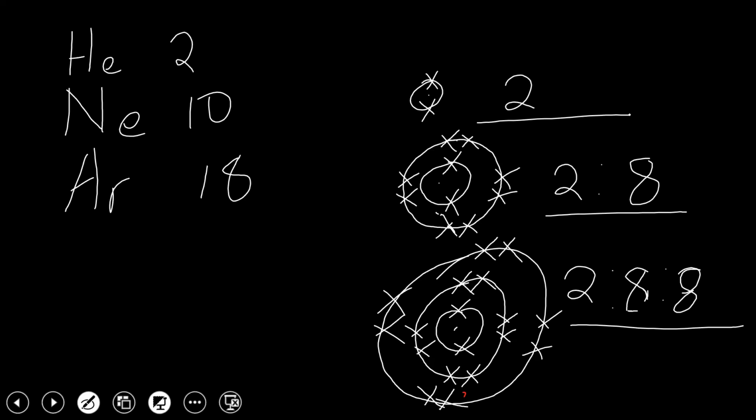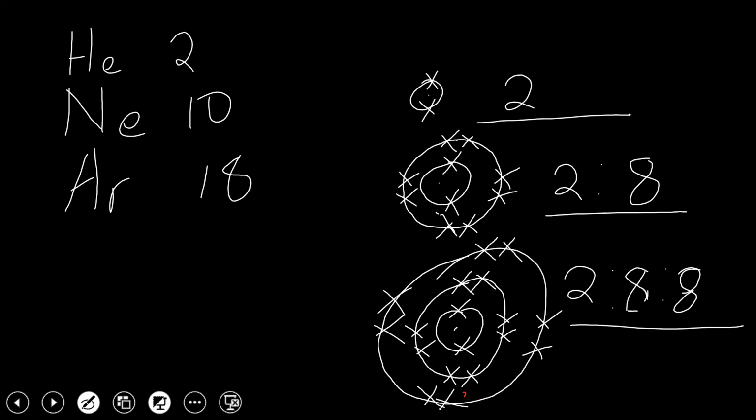Those are the stable configurations. Now these elements, as they react, tend to achieve the stable configuration of the noble gases. These are called the noble gases, the group 8 elements.